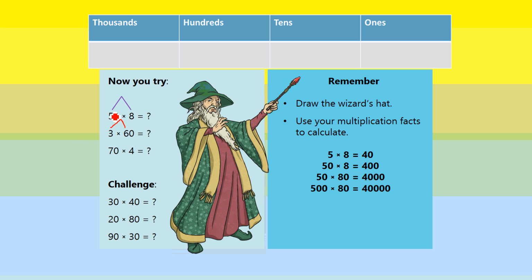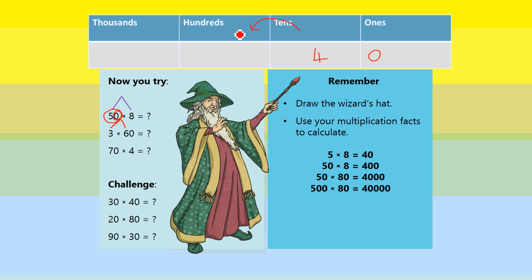So we've got 5 multiplied by 8. Now I know that that equals 40. So I would put my answer in here. Because the question was really 50 times 8, which is a multiple of 10, I know I've now got to move everything one place to the left.